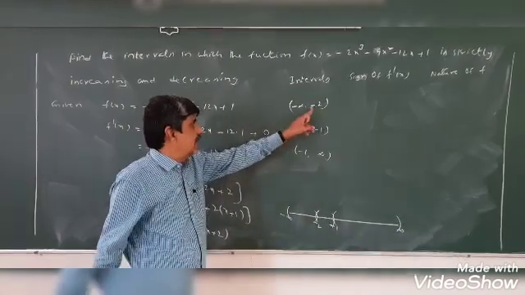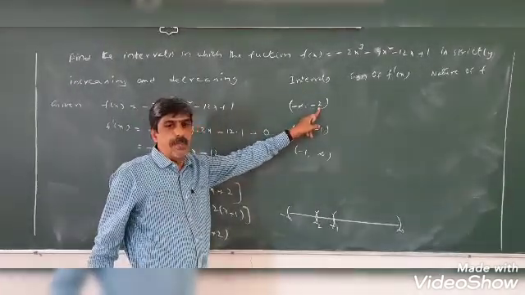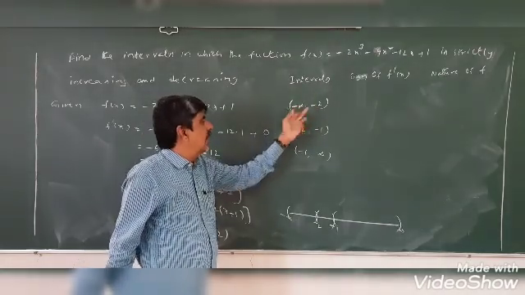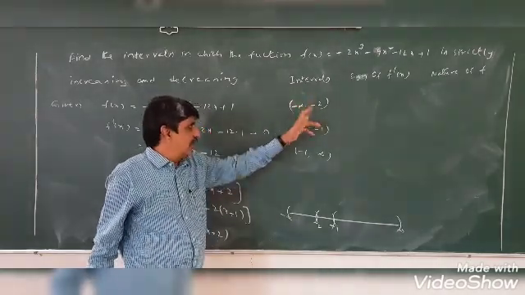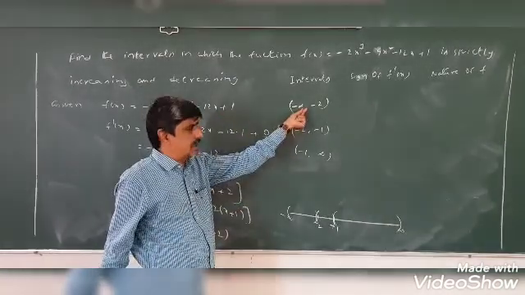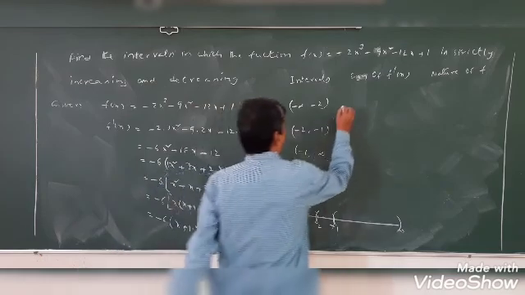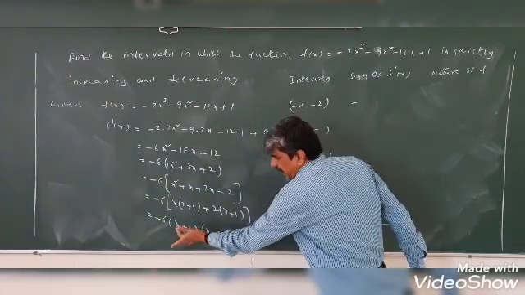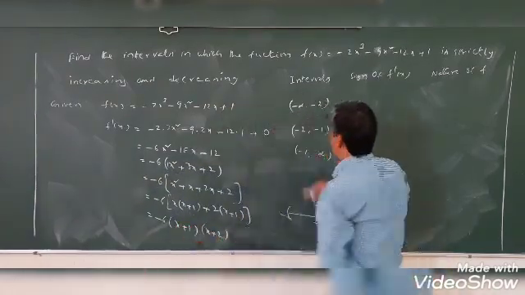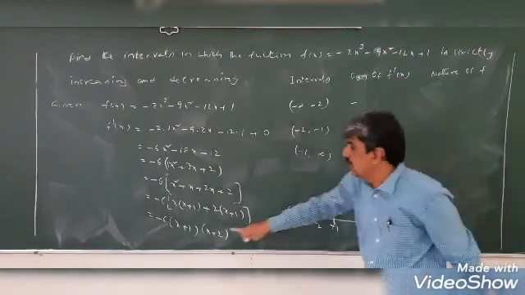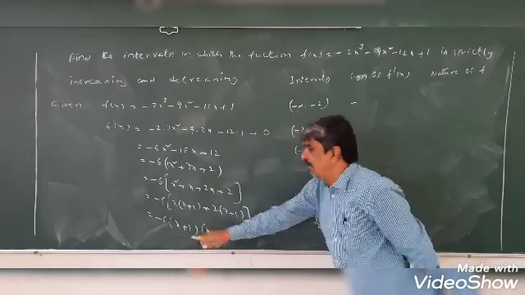So in minus infinity to minus 2 there are infinitely many numbers. In that take one value, suppose that is minus 3. So this is already minus 6, which means minus. If I write x is equal to minus 3, or whatever value in the interval minus infinity to minus 2, this value is negative.